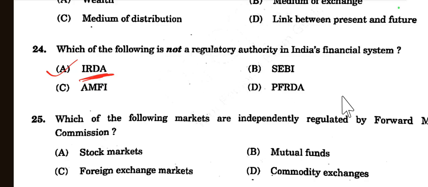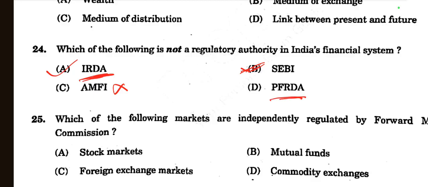Then SEBI, Securities and Exchange Board of India, is also a regulatory authority. Then AMFI means Association of Mutual Funds in India. This is not a regulatory authority, because it is a self-regulatory organization that protects the interest of mutual fund investors.